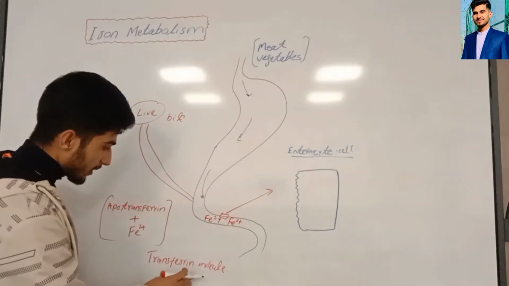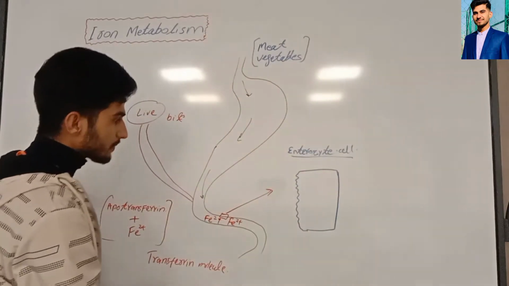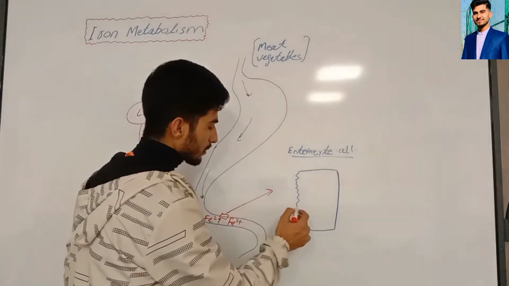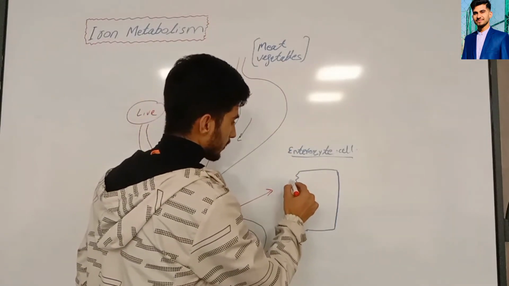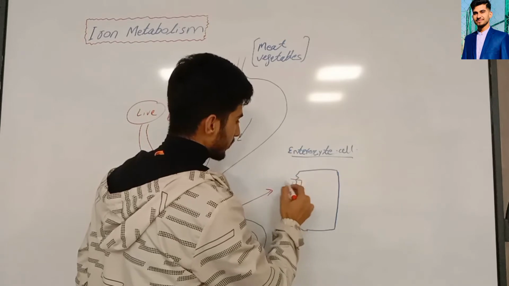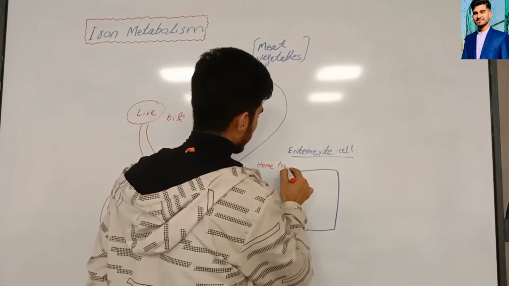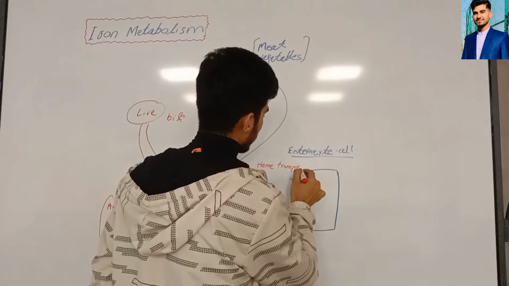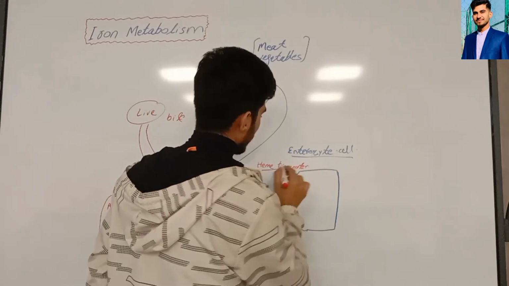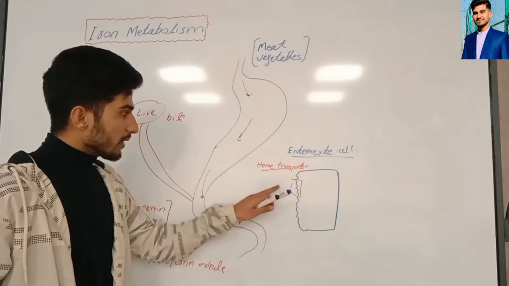Now, this transferrin molecule will pass through the heme transporter into the enterocytes.